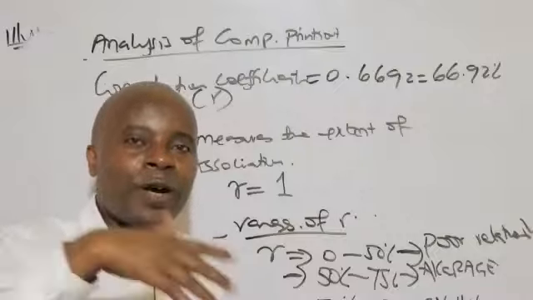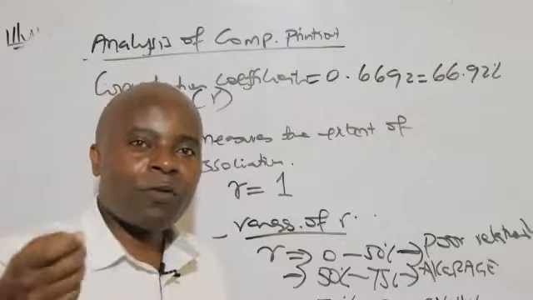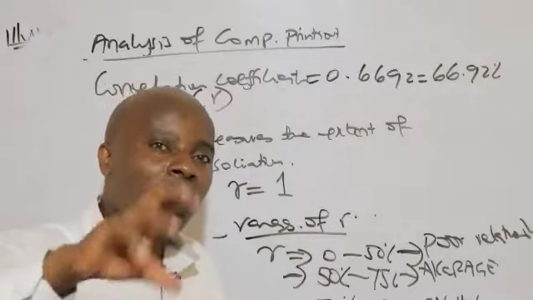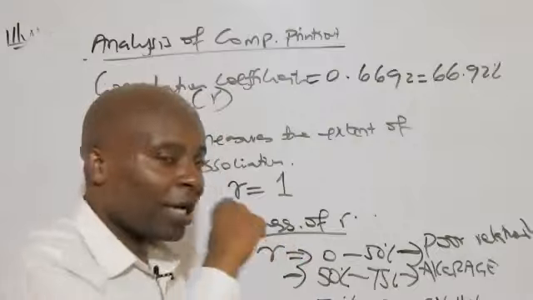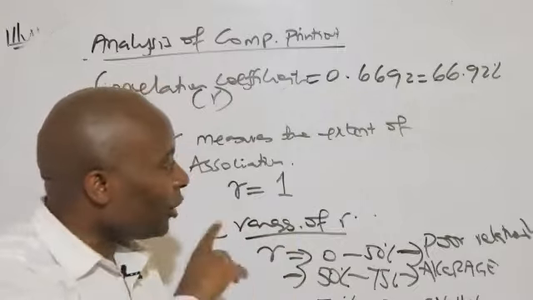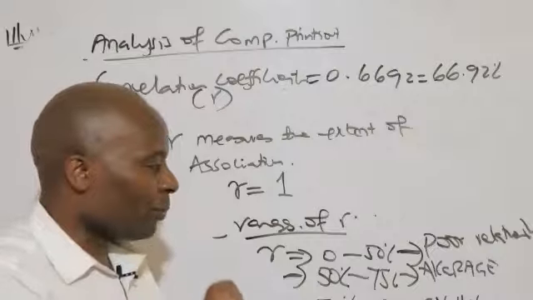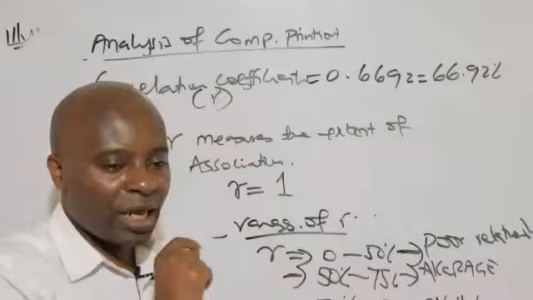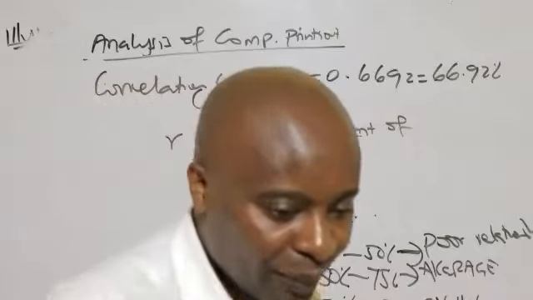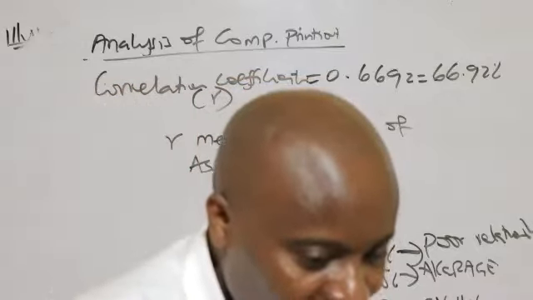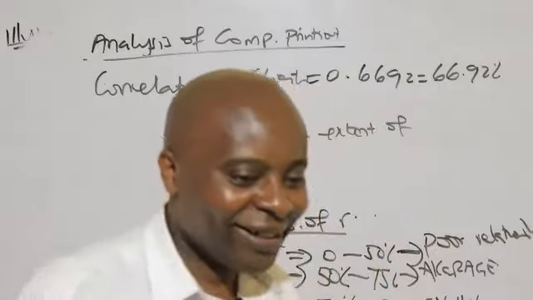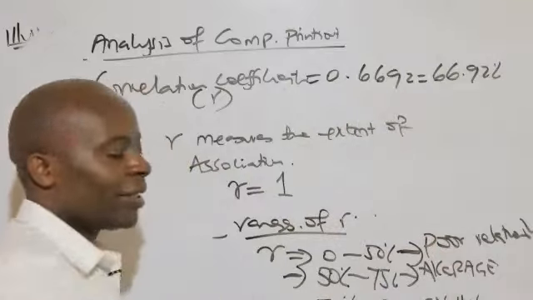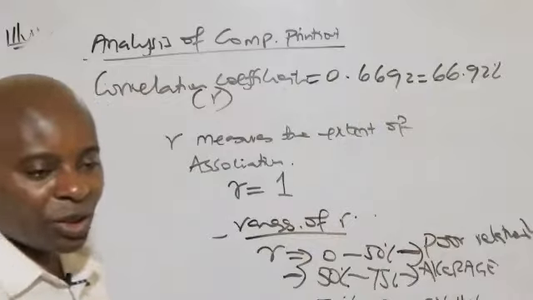You need to do further statistical tests to be able to see that there really is what we call causation between, like now, sales and advertising. So don't rely on this model so much, because the relationship as given by the coefficient of correlation is average. 66.92 is here. That's quite a good interpretation.